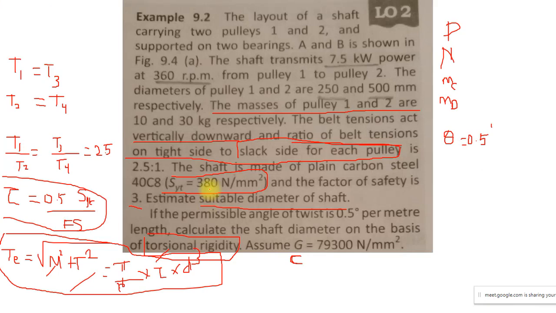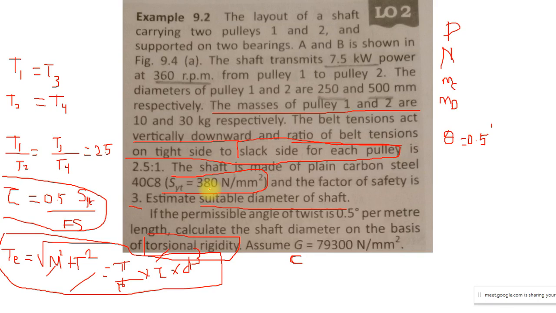We obviously know the length and the modulus of rigidity. If I can find the T value, I can substitute it directly and find the diameter. So the main objective of this problem again comes down to finding the moment and torque values.